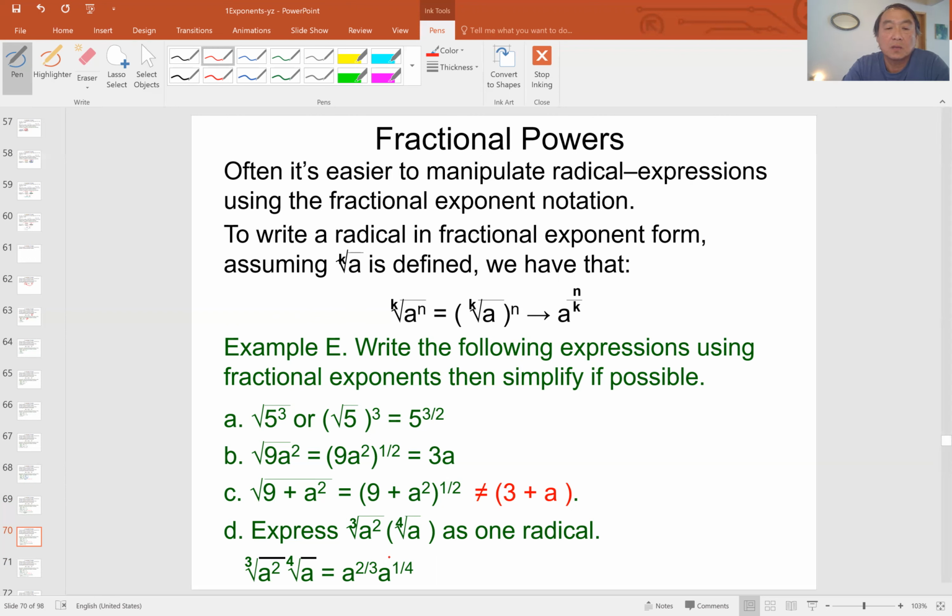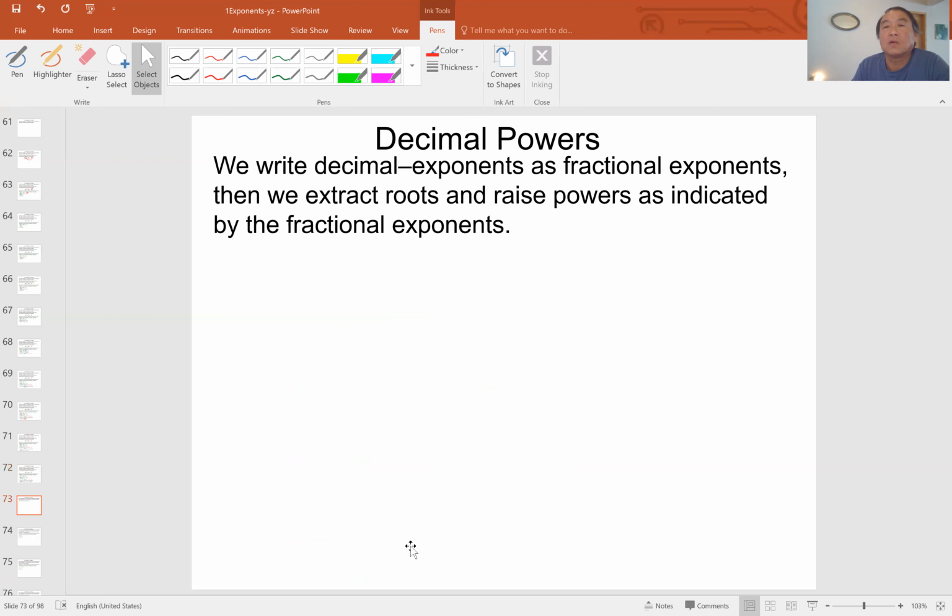Then since we're multiplying, we add the exponents. This is just adding fractions, and the common denominator is 12, and then you get 11/12. So this is the 12th root of a to the 11th power. So we can use fraction notation to collect and connect roots of different orders.